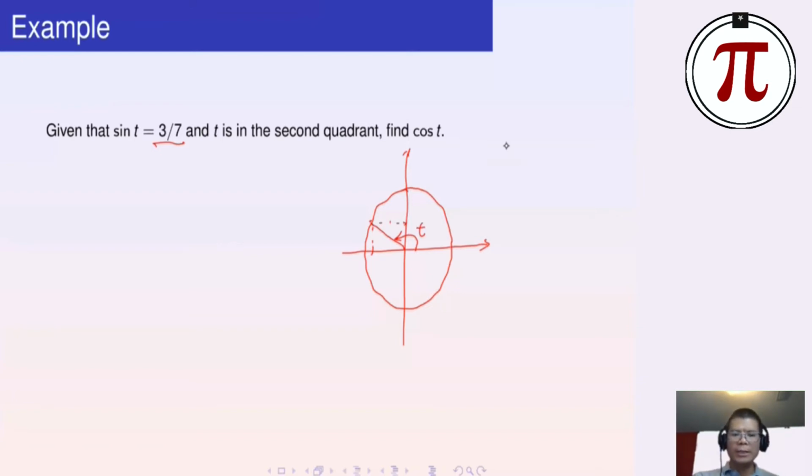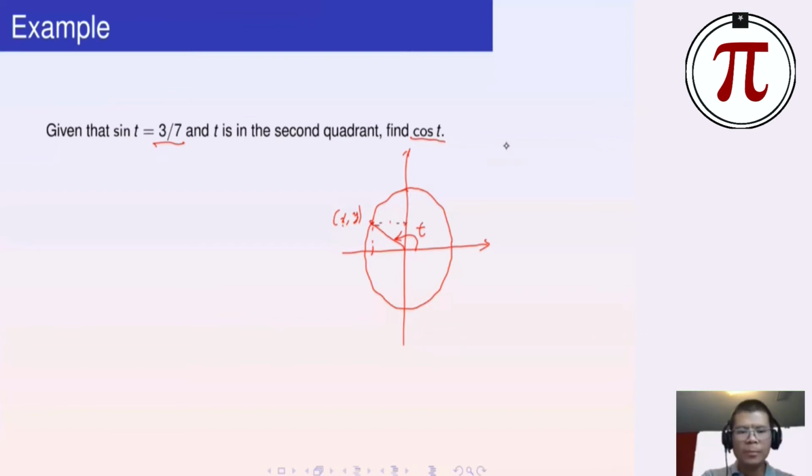Now, we know that sine of t is 3 over 7. So y is 3 over 7, right? So here is x, here is y. Now we want to find the cosine of t. So cosine t is our x, correct?